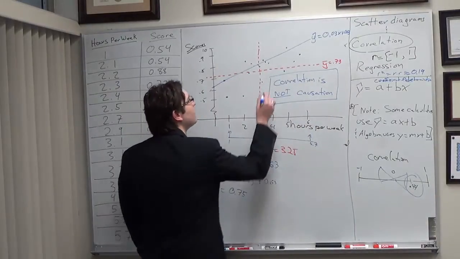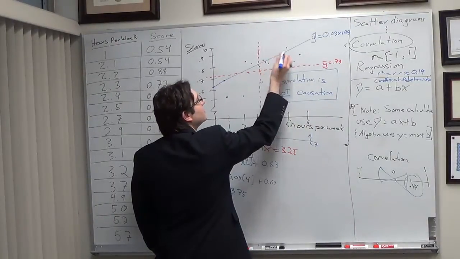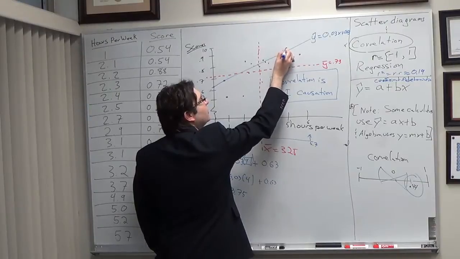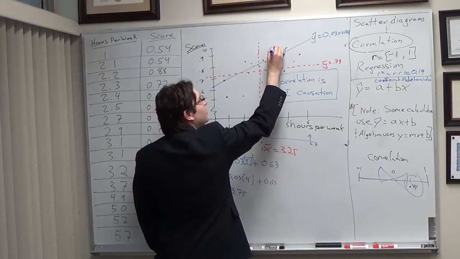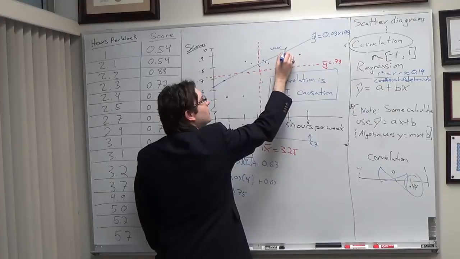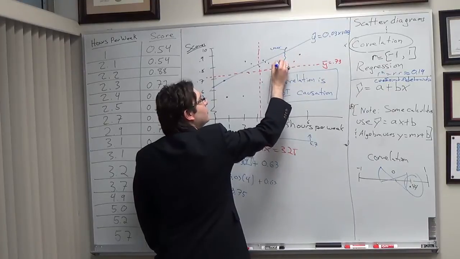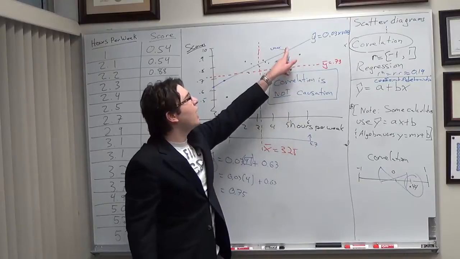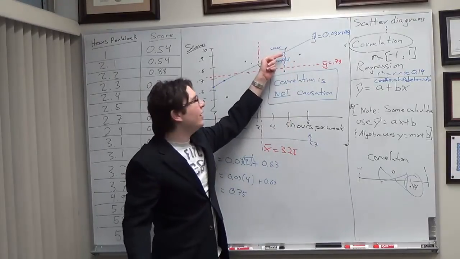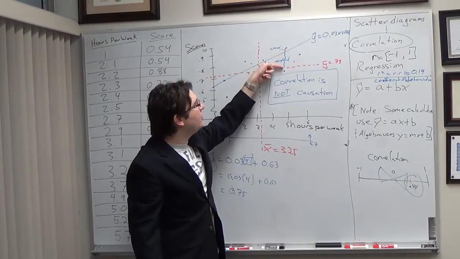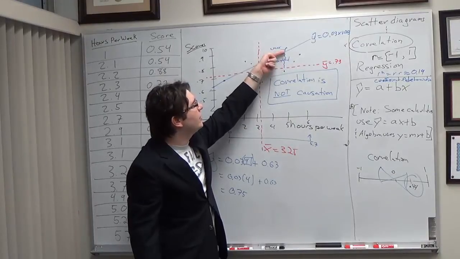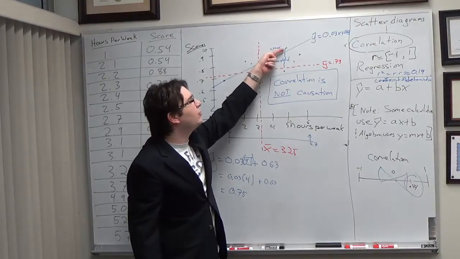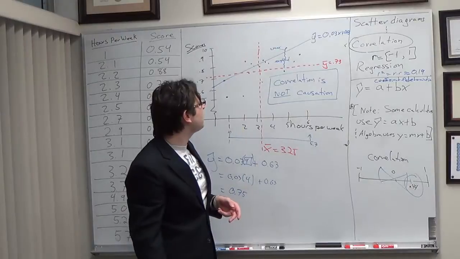So remember, this distance up here would be unexplained. This distance here would be explained. So for this dot, our linear line did us a favor, right? It said, no, don't use 0.73 as an estimator. Use this point up here, and that point was pretty close to accurate.